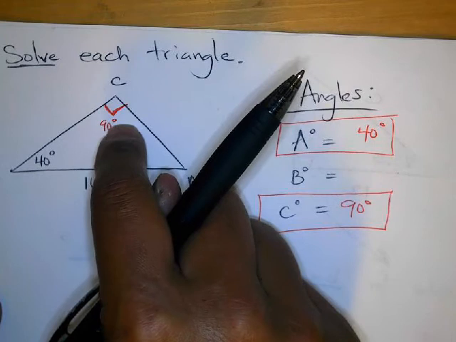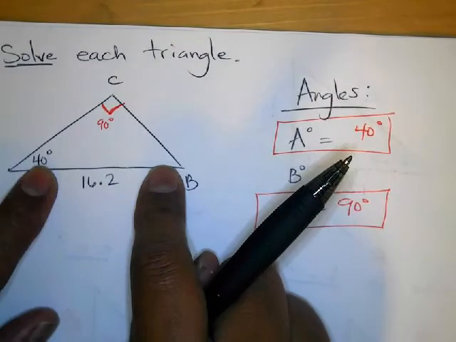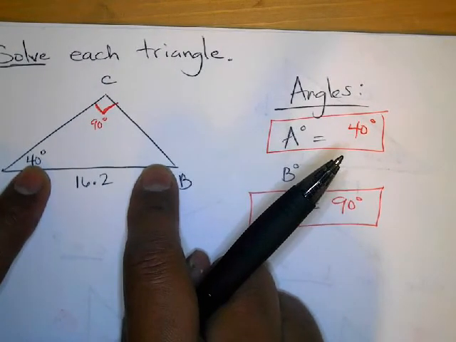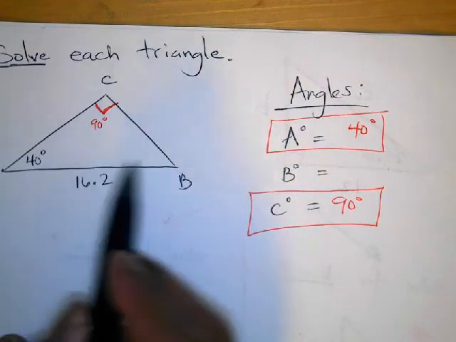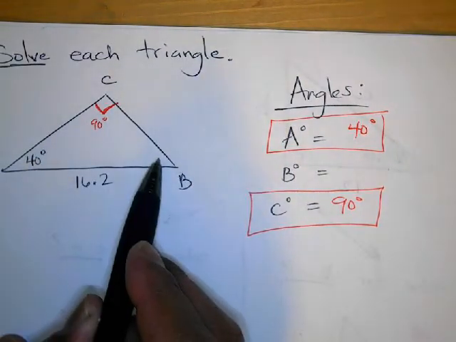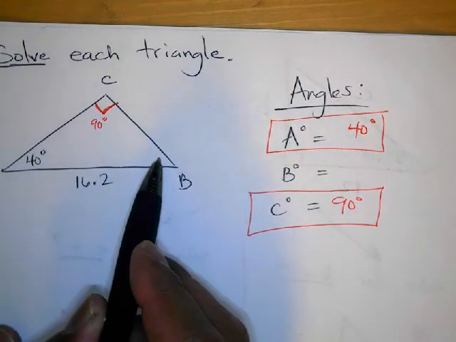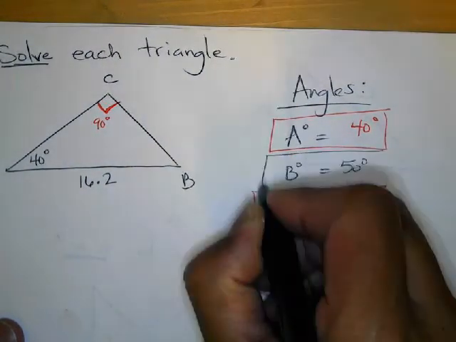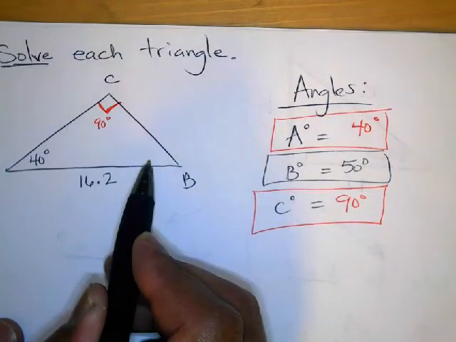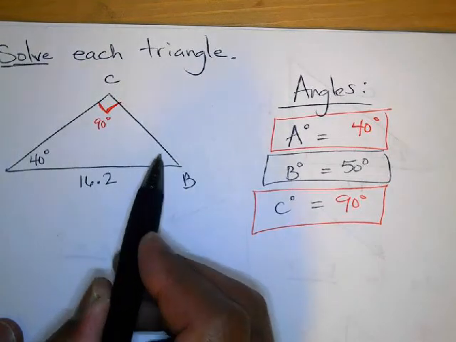But if this one's already 90, then these two have to add up to 90, right? Because 90 plus 90 is 180. And this one you can kind of figure out. 40 plus what gives you 90? Well, we know it's going to be 50, right?